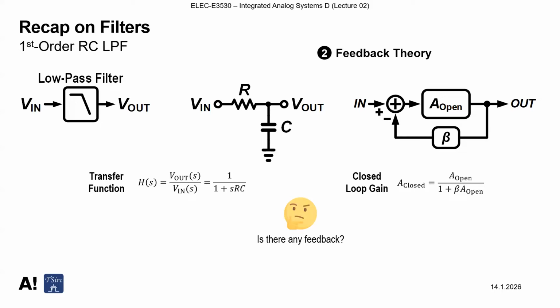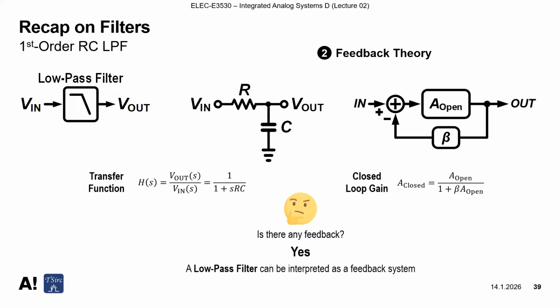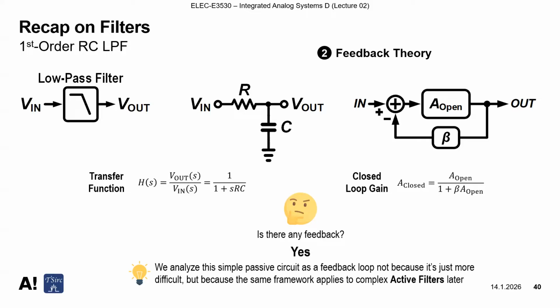My answer is, as I explained, yes, there is. There is a feedback that will be very helpful when we analyze more complicated circuits later. A low-pass filter can be interpreted as a feedback system. And we analyze this kind of simple passive circuit as a feedback loop not just because it's difficult, but because the same framework applies to complex active filters later.